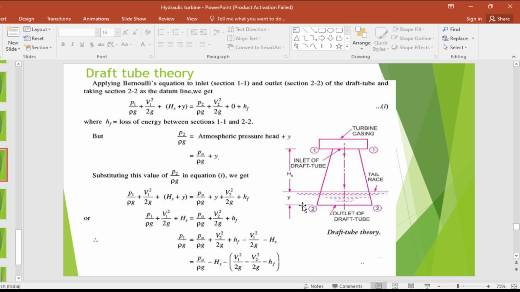P2 upon rho g is your pressure head at this outlet plus this height. That means the pressure at the outlet is atmospheric pressure, so Pa upon rho g plus height y. Substitute it in the above equation, you will get this one.